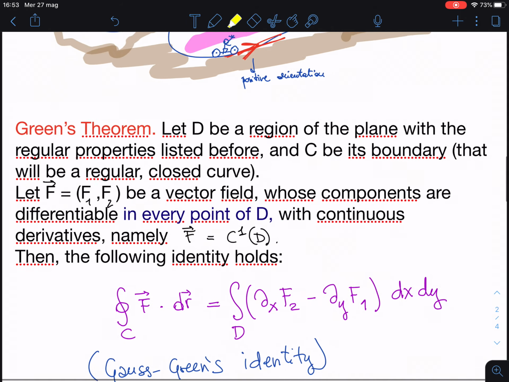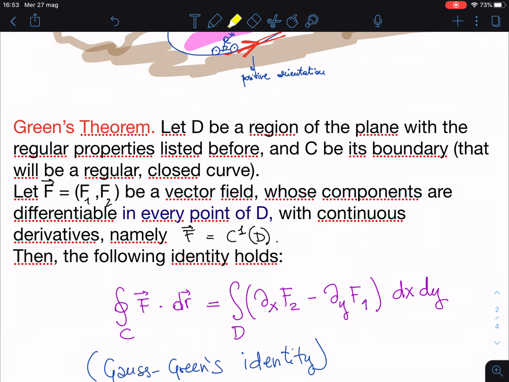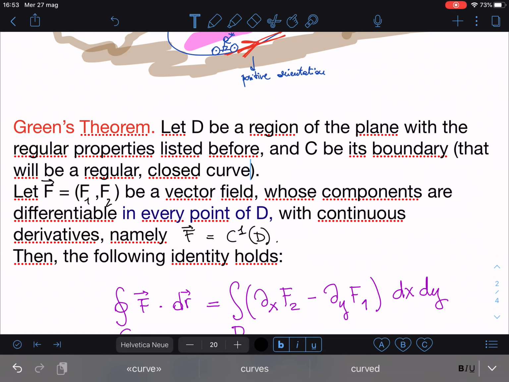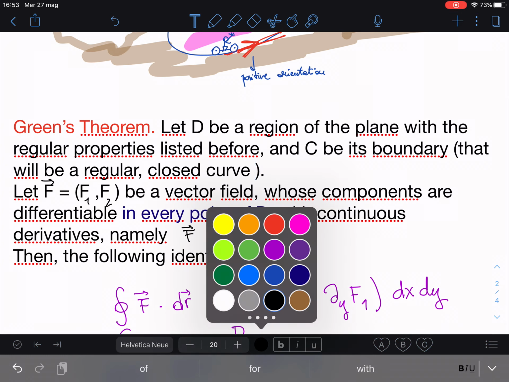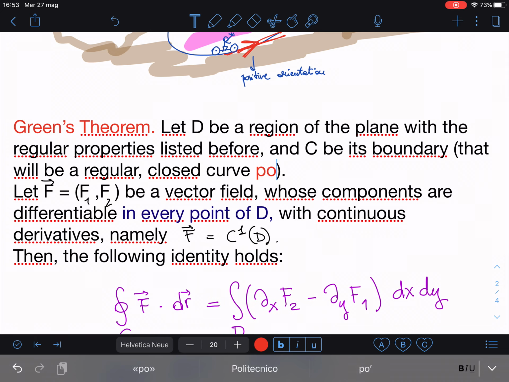I want to stress a point. I want to stress another point, which is this one. The curve must be also positively oriented. Of course, I introduced positive orientation in order to do that, but I have to repeat it. You are right. So, positively oriented.